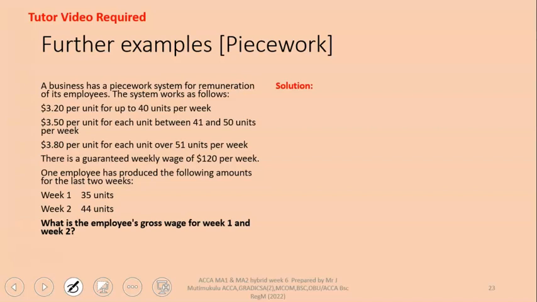All right, for interest's sake, a business has a piecework system for remuneration of its employees. The system works as follows: $3.20 per unit for up to 40 units per week, $3.50 per unit for each unit between 41 and 50 units per week, $3.80 per unit for each unit over 51 units per week.